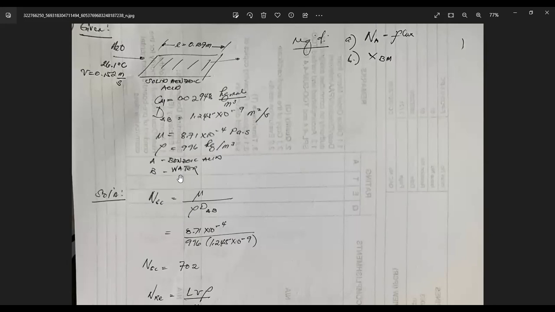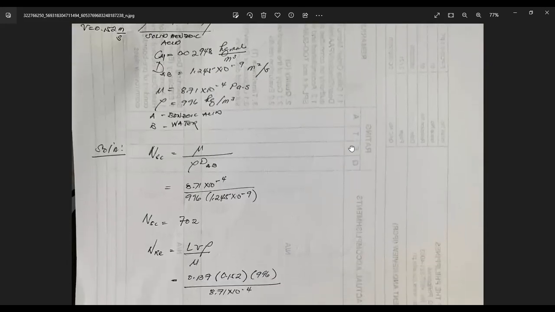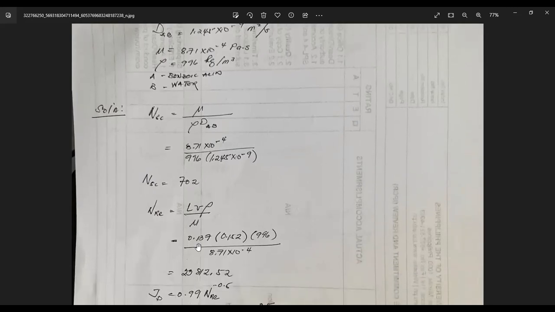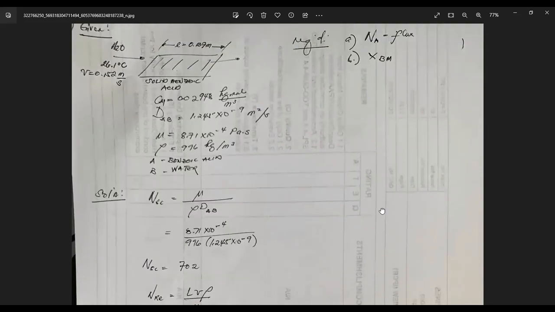So your A here is your benzoic acid and B is water. So in here, you're asked for the flux, and that's N sub A still, and your X sub BM. Now, you need to determine the Schmidt number and the Reynolds number in this case, all dependent on these physical properties that were provided. So in the case of the Schmidt number, you have your viscosity divided by the product of the density and the diffusivity.